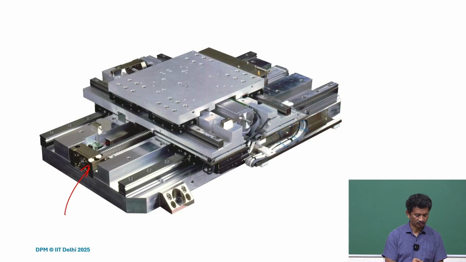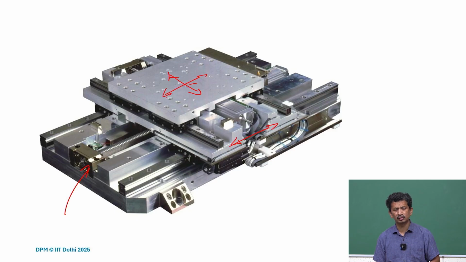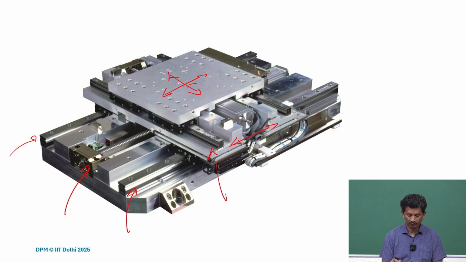It's stacked, so it can move this way, and this can also move in this way, and therefore you can have the two XY motions. You can also see that there are linear guides here again. So I think one should be able to understand and figure out what kind of elements are there, and how it's stacked and assembled.